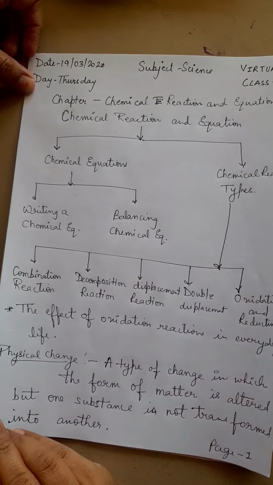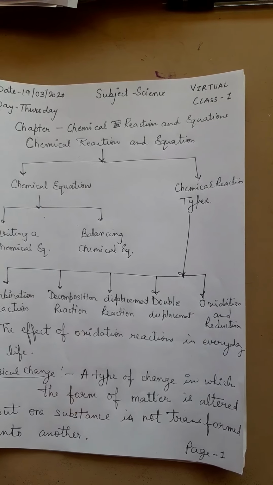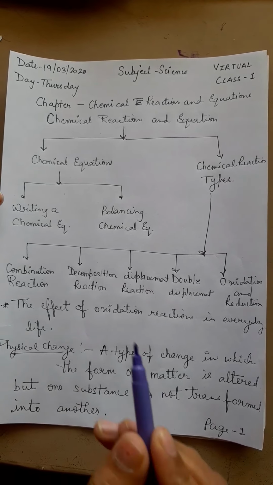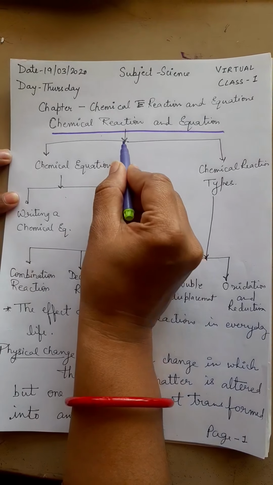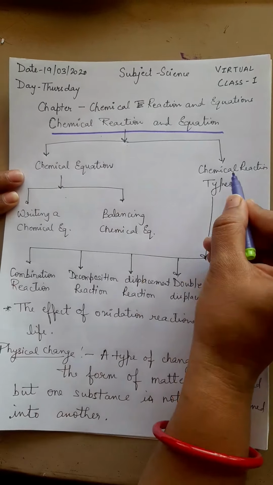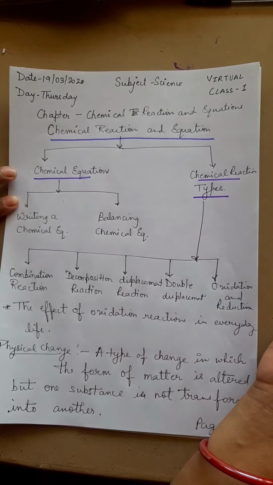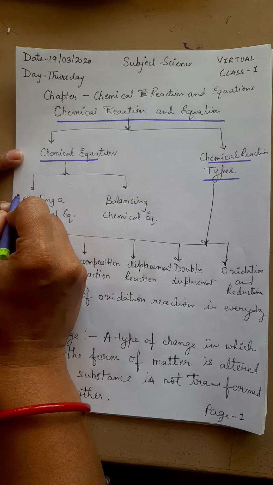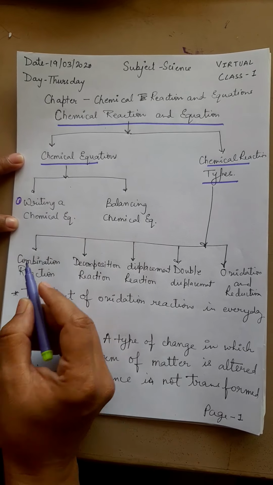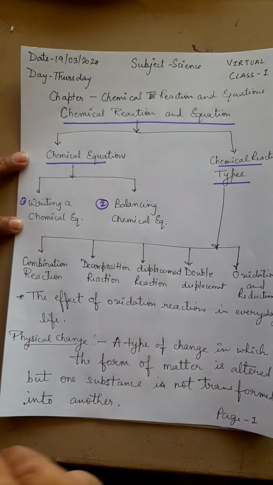Class first. So here I am sharing what we are going to learn in this chapter on chemical reactions and equations. We divide this chapter into two parts: chemical equations and types of chemical reactions. In chemical equations, we study two points: writing a chemical equation, and balancing a chemical equation.